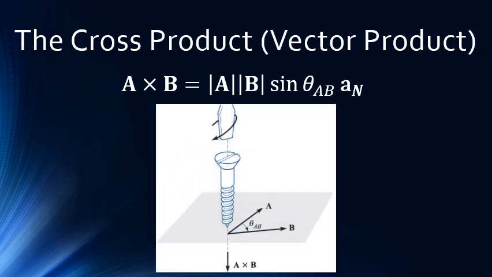So, parang ganito. So, imagine natin yung screw ulit. So, if you have vector a and b, okay, ang direction ng a cross b ay perpendicular sa kanilang dalawa. So, pababa. Ganun ang direction ni an.